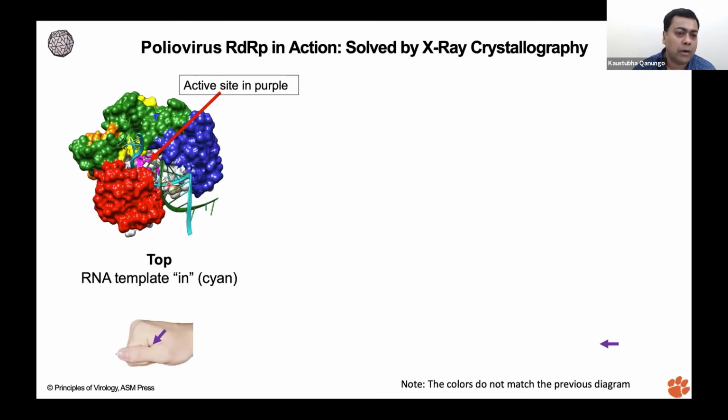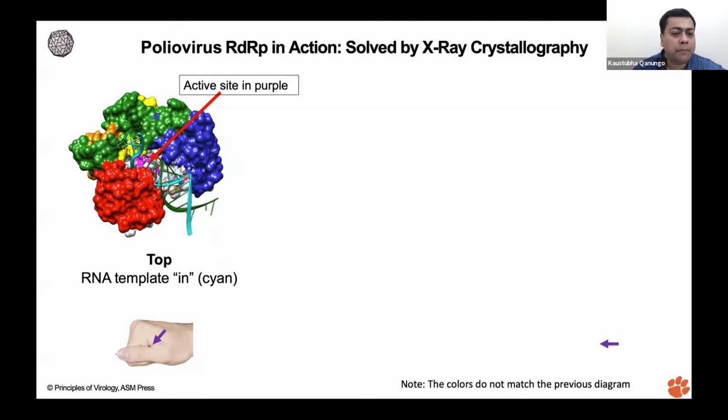Right here, what we are looking at is the thumb. These are the fingers. This is making the palm. So the red position is your thumb. This is the back of your finger, which is making this green part, and then your palm is basically this region.